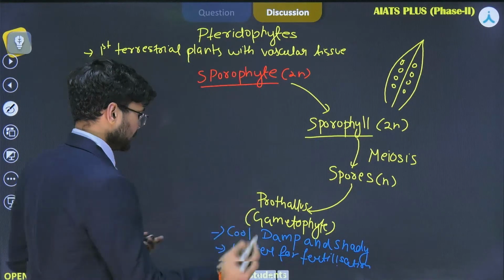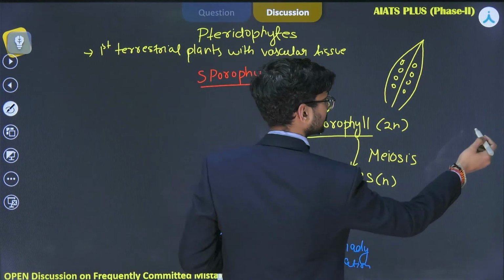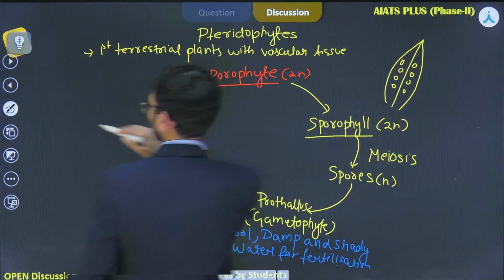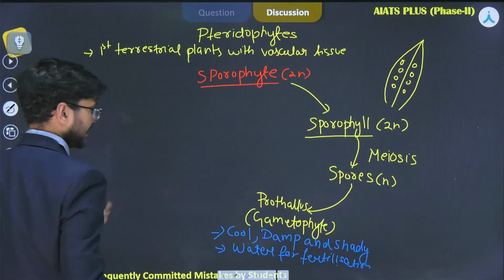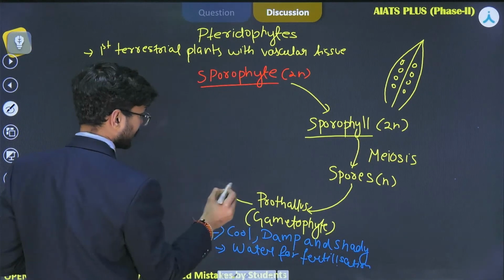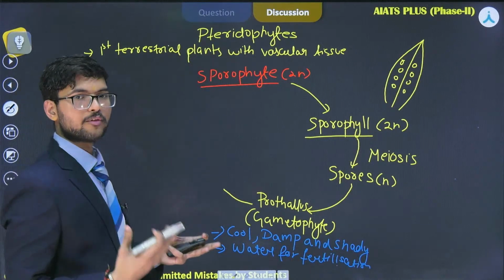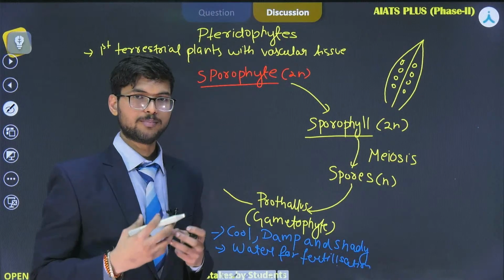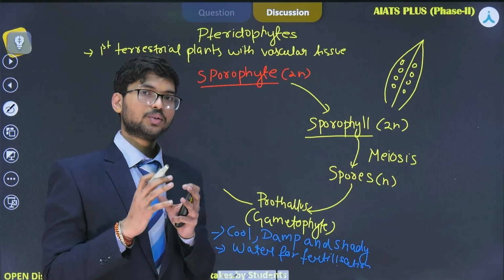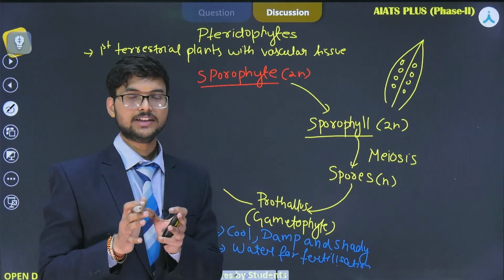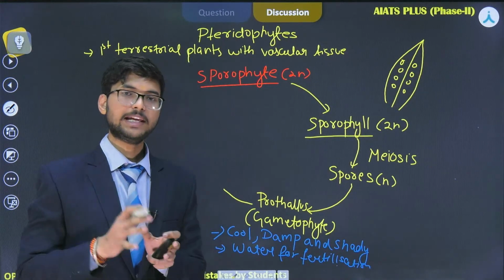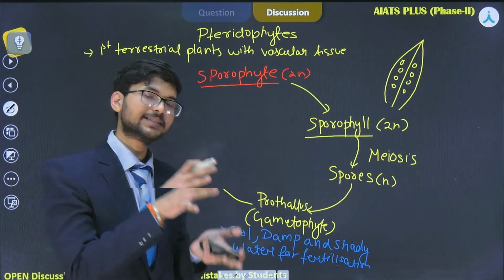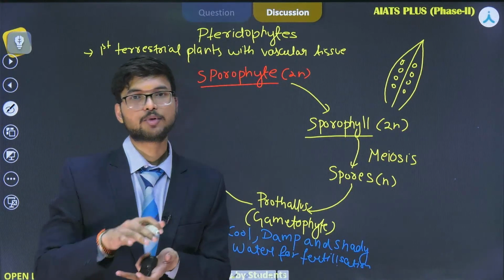Now you will find that the prothallus, or the gametophytic structure, may contain female and male sex organs. If a particular species of pteridophytes is homosporous, then the male and female gametophyte will be present on the same plant. That is, the condition is monoecious.